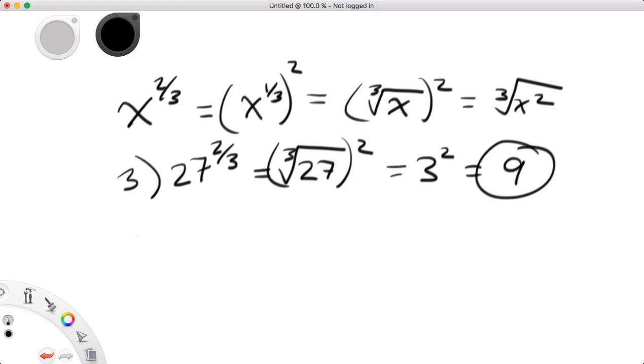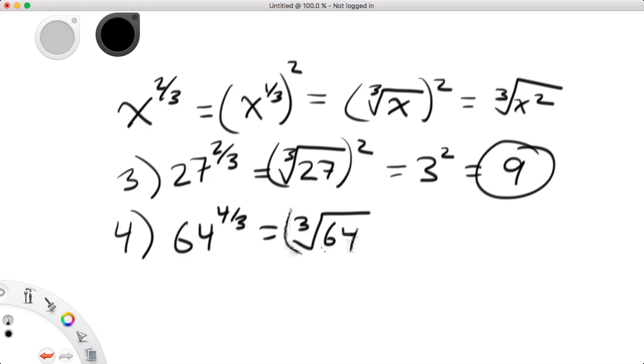Because remember, when you raise a power to a power, it's multiplication, and 2 times 1/3 is going to be 2/3, right? So when we get to number 3, 27 to the 2/3 power, that's going to look like the cube root of x squared, or you could also call it the cube root of x, squared.